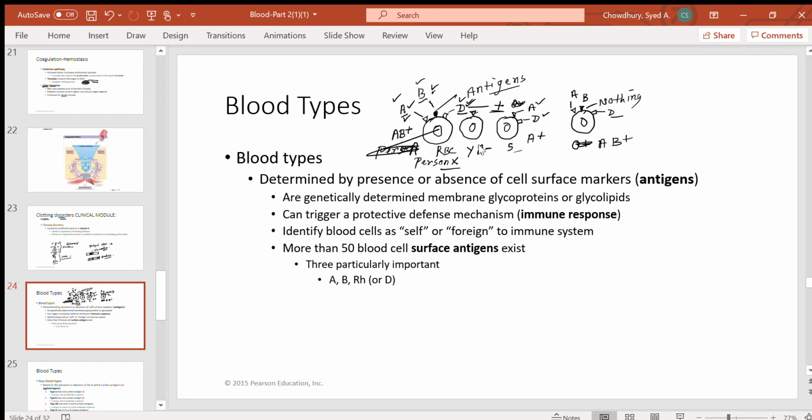So this is how the blood type is determined. D is also called RH because first it was identified in rhesus monkey, so RH came from the rhesus monkey.